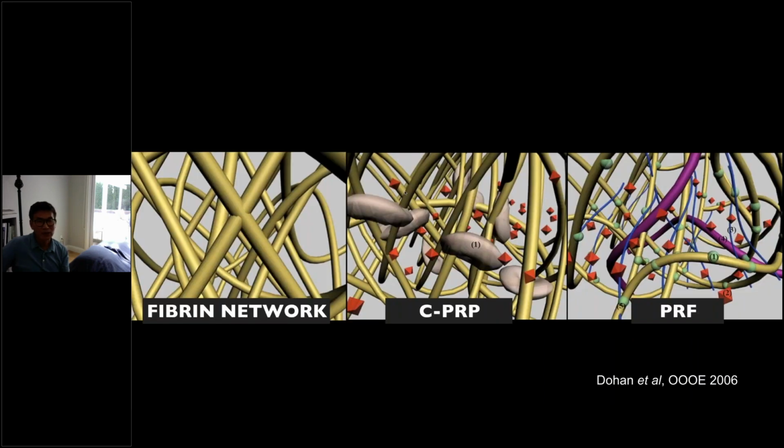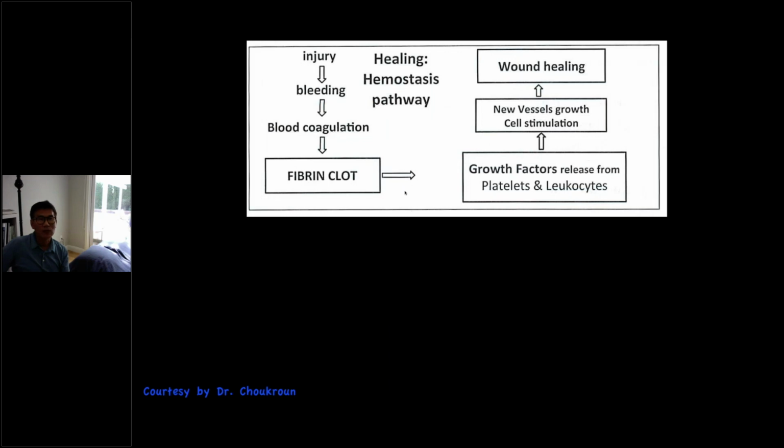So first, the fibrin network, compared to the concentrated PRP, compared to the PRF, has a lot of growth factors in it. So PRF, we know, is good. From injury to healing, in wound healing, there's a fibrin clot, and then we know a lot of cells migrate to the wound site to regenerate with cell stimulation.